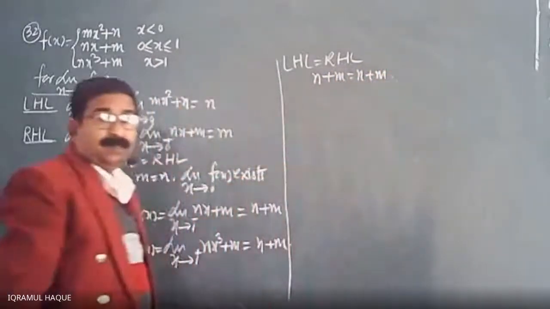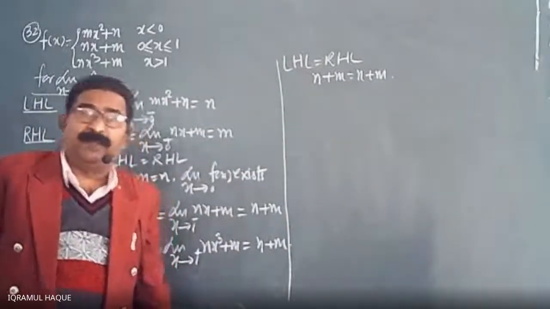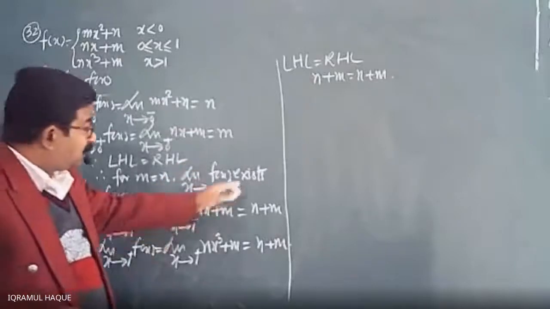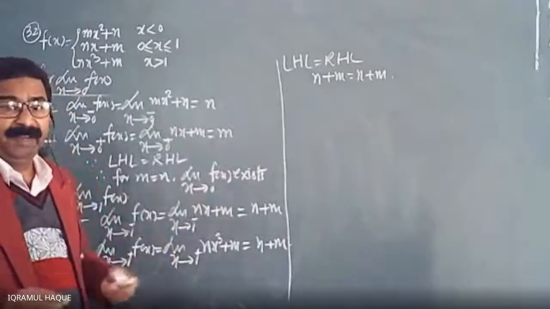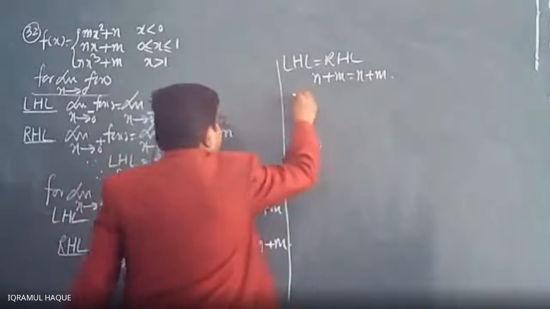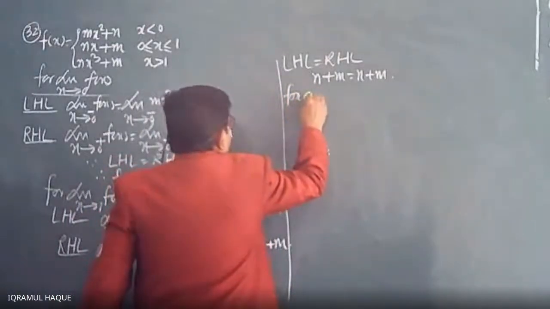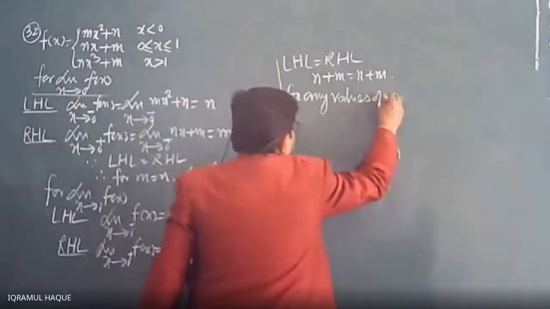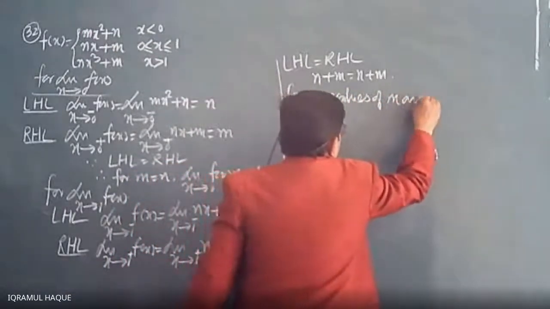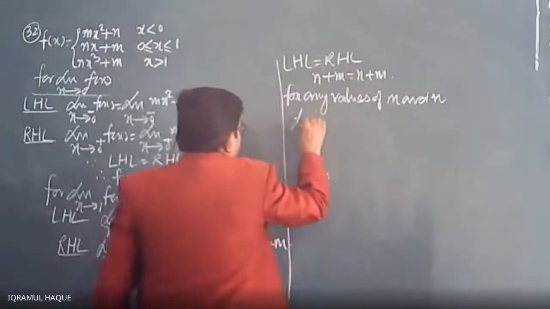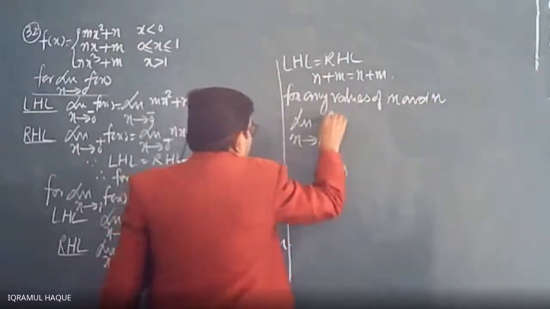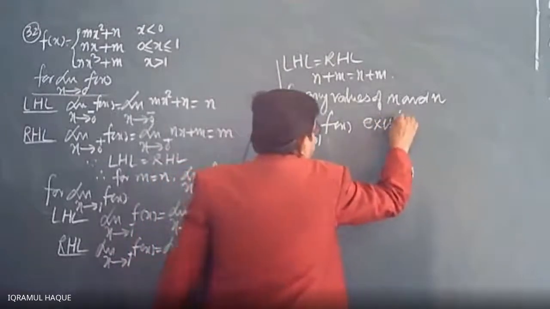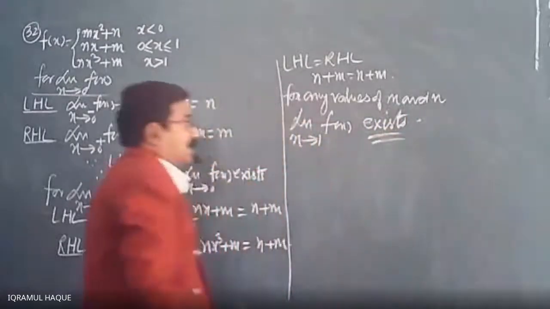It means for any value of m and n, because both sides are equal, limit x tends to 1 of f(x) exists. This will be the answer.